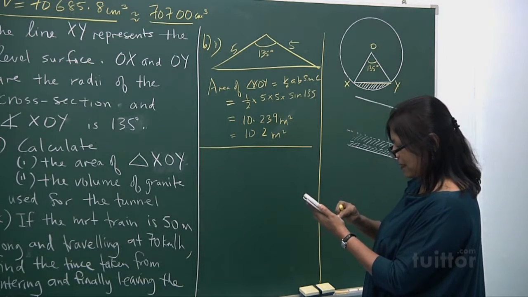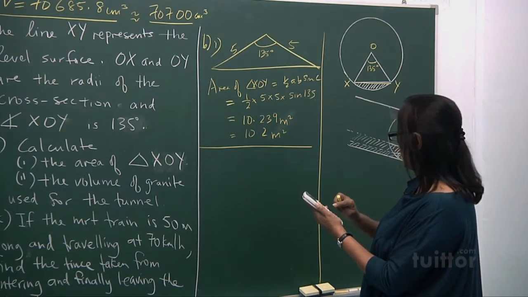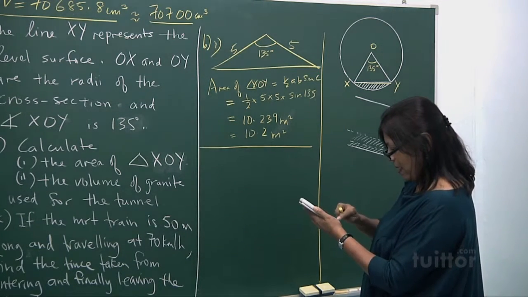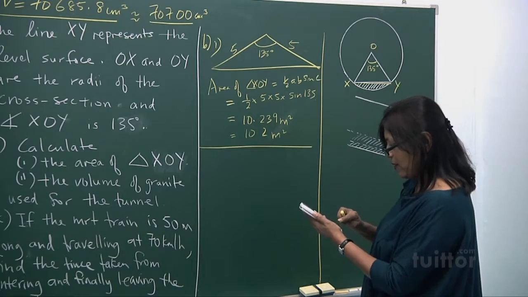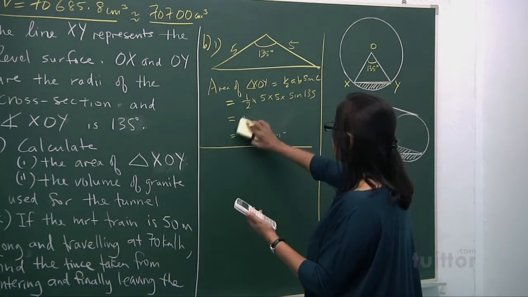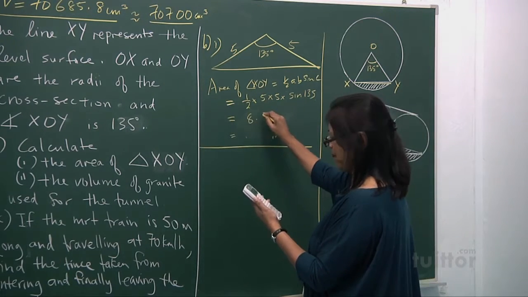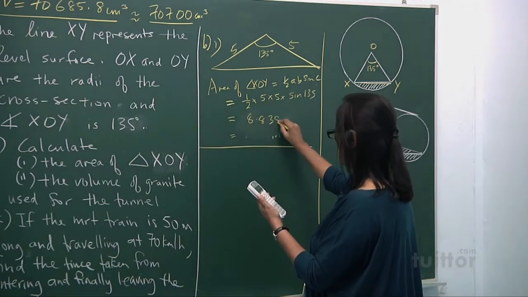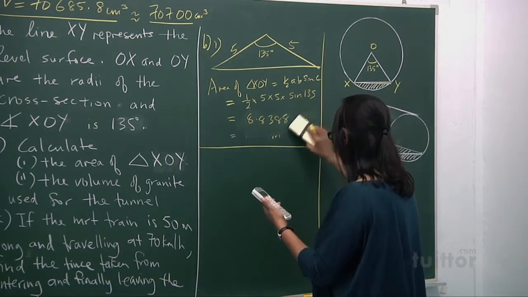5, did I press my calculator right? Okay, and then I'm going to multiply by sine 135 and divide it by 2. Thank goodness I checked it. Alright, it is 8.8388 meter squared.